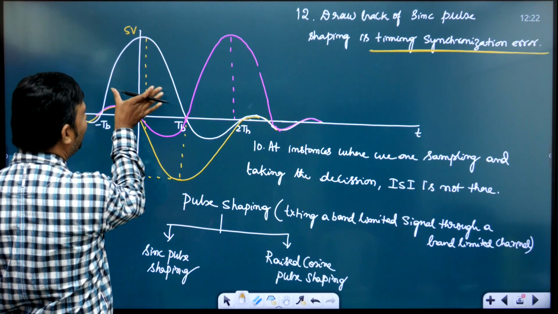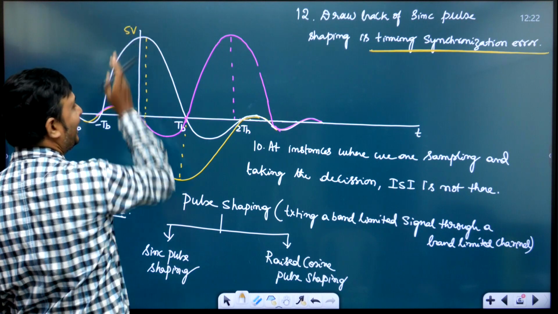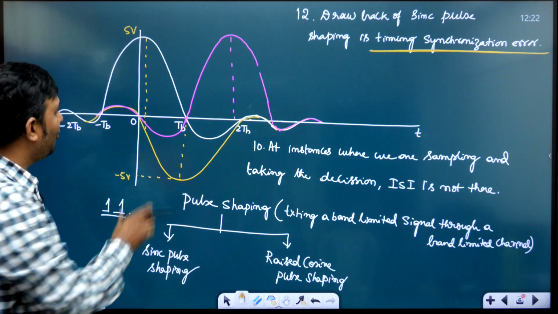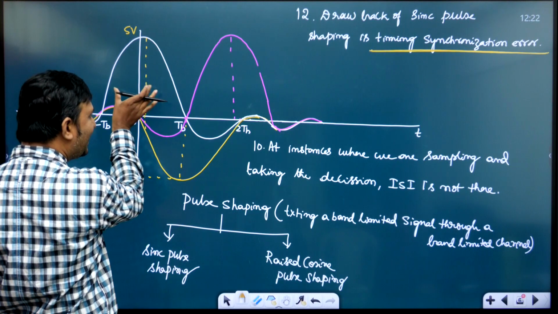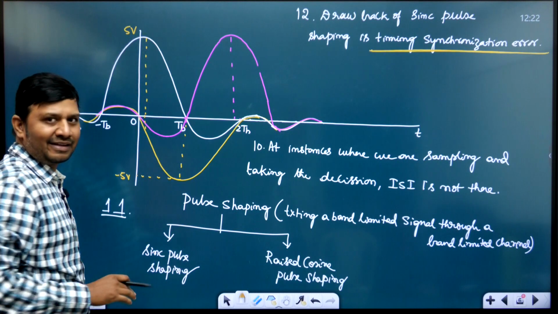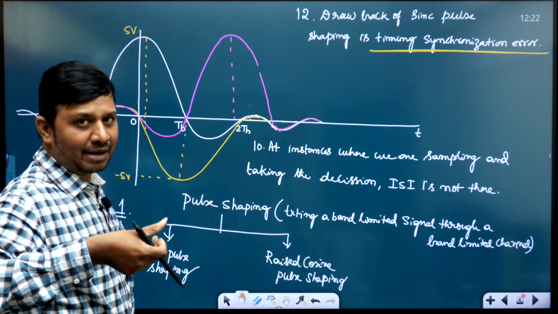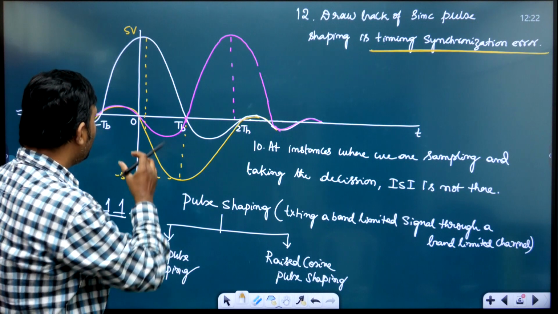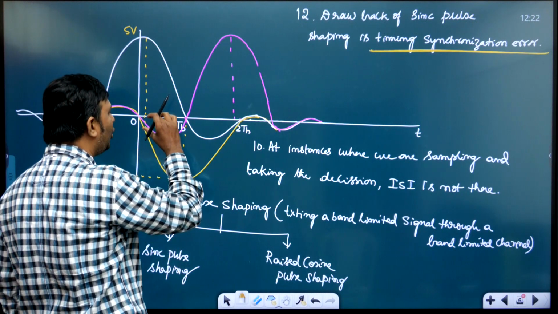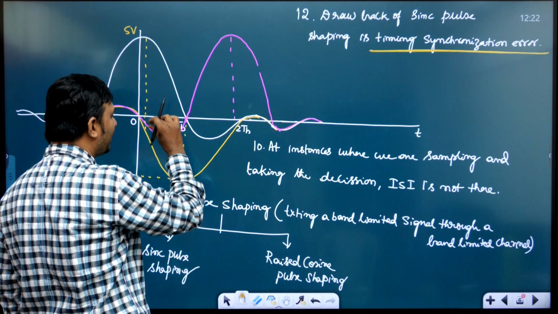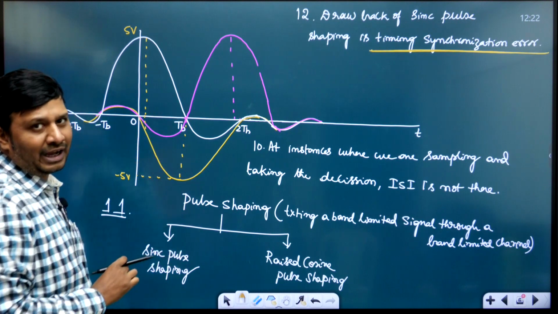What happens if the width of the main lobe decreases? The height increases. Yes or no? If the width of the main lobe decreases, height increases. If this height increases, yes, we can minimize the timing synchronization error. And we must also reduce the side lobe amplitude.